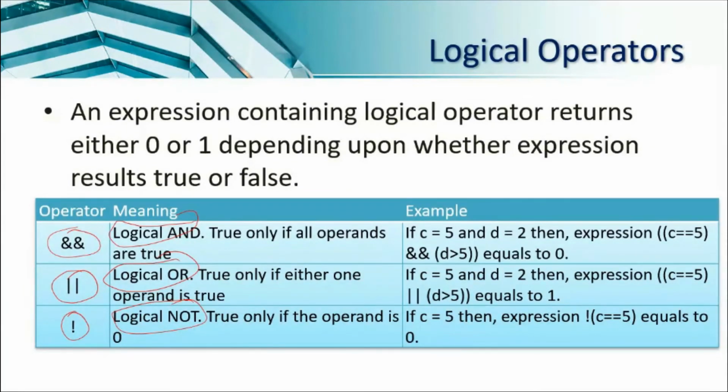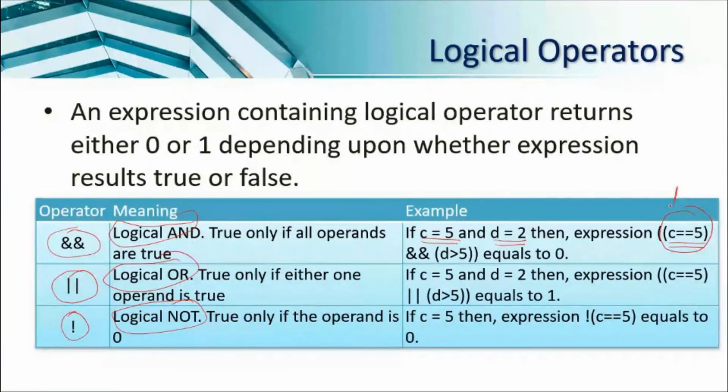Consecutive different expressions are evaluated using these. Say for example, C is assigned a value of 5 and D is assigned a 2. Then we check whether this expression C double equal to 5.